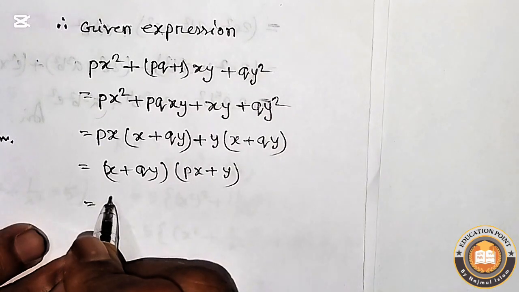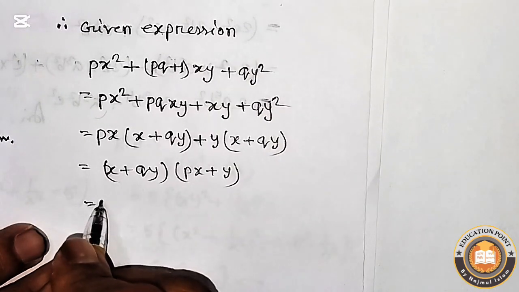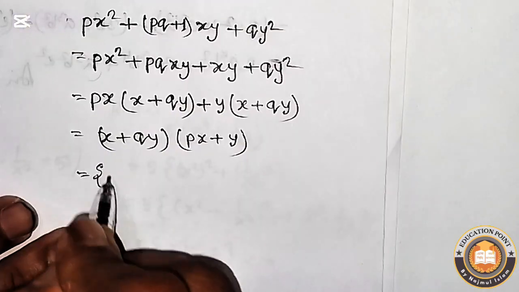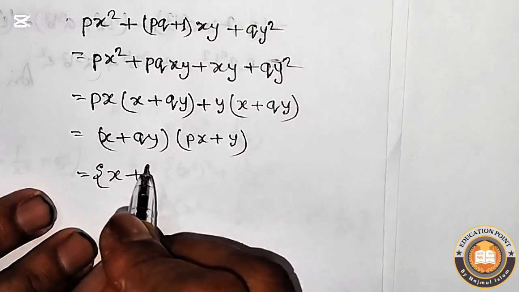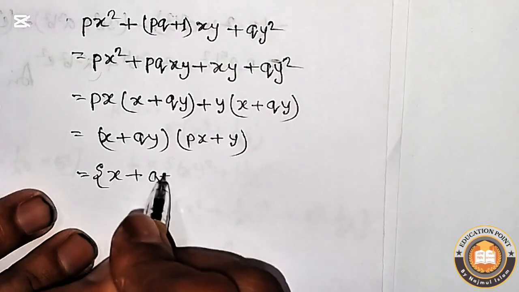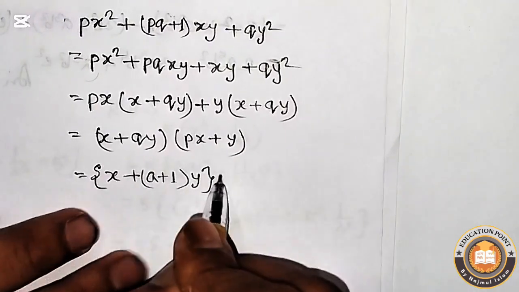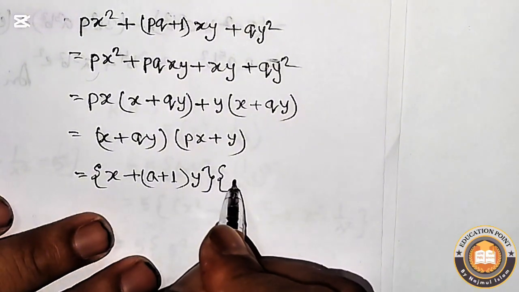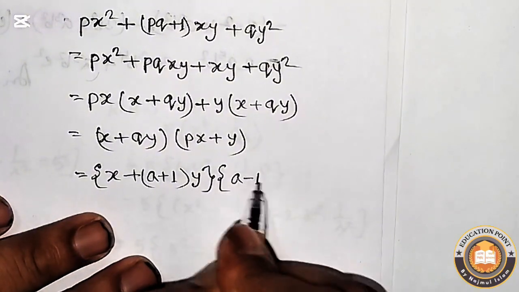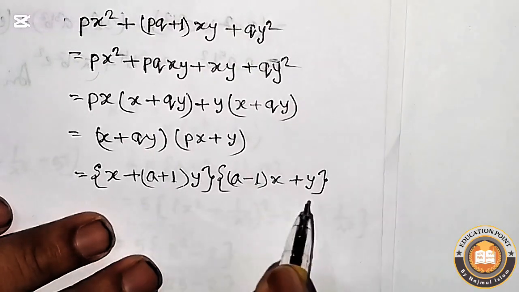Now we will put the values of p and q in this expression. So we can write x plus the value of q, equal a plus 1 into y, then the value of p, equal a minus 1 into x plus y.